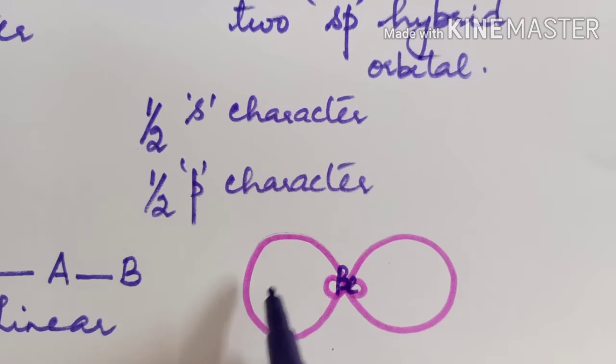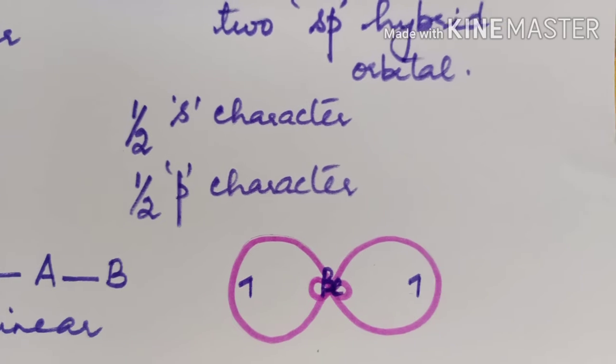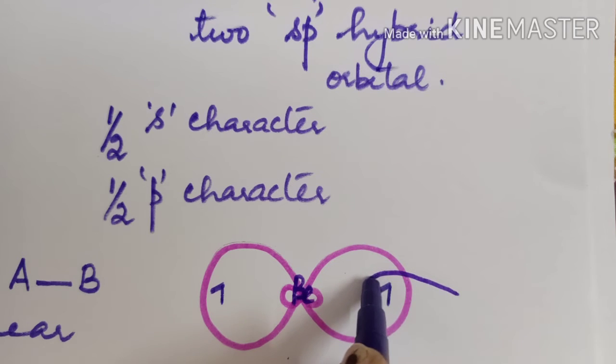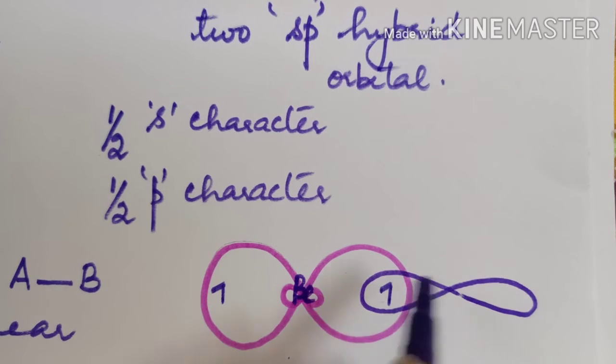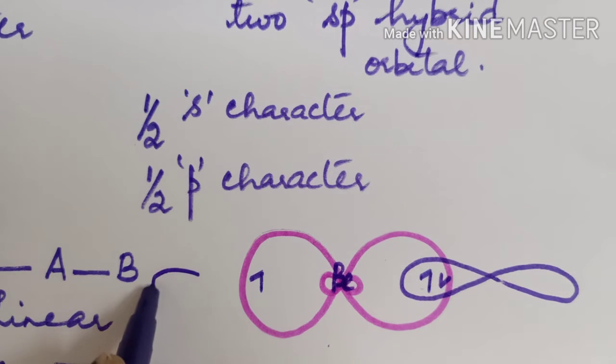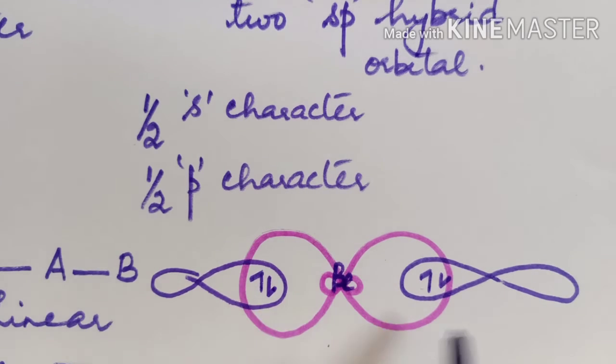Beryllium has two unpaired electrons, and they combine with chlorine. You know that chlorine belongs to the 17th group. It is a p block element, so evidently the outermost electron will be present in the p orbital. The p orbital of the chlorine atom will overlap here, resulting in a sigma bond. The second p orbital overlaps on the second side of beryllium, leading to two sigma bonds.